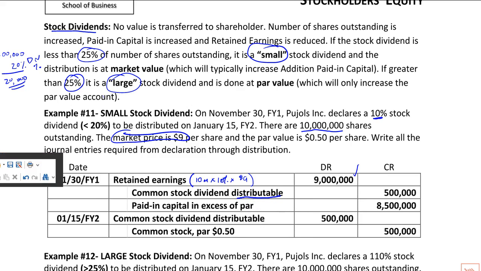This is the declaration date over here. On this declaration date, we do reduce retained earnings, but we don't have a payable. We have a distributable. And that's an important distinction, because the shares that we're transferring on a pro rata basis don't represent an asset per se.